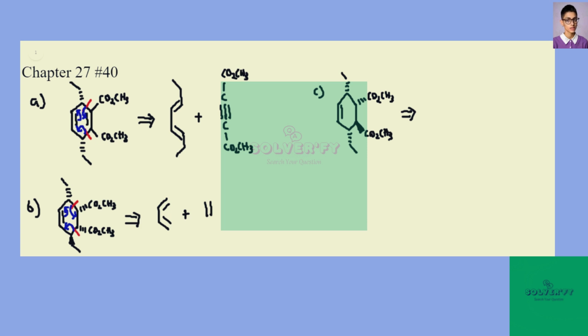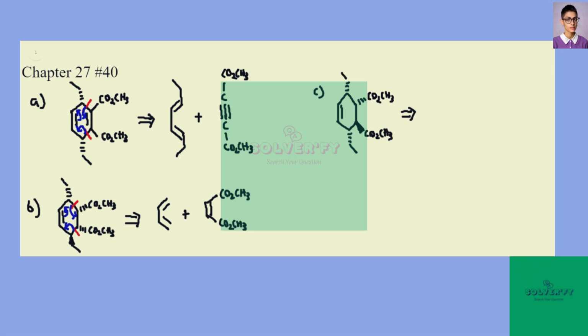Since they're cis to one another in the product, we're going to make them cis to one another in the starting material as well. So CO2CH3, CO2CH3. Okay, and so that's the alkene reactant of the two reactants we're asked to draw.